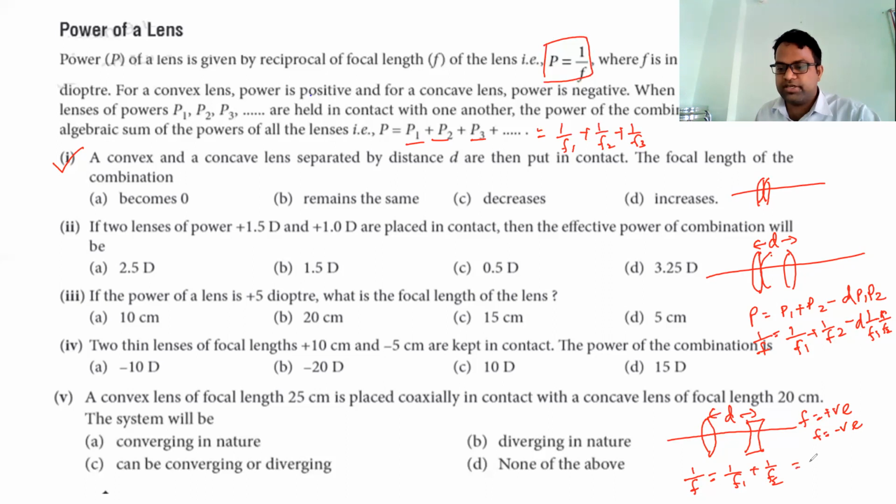And since they are separated by a distance, another term will come: minus d into 1 by f1 into 1 by f2. So you will see what value you are getting.